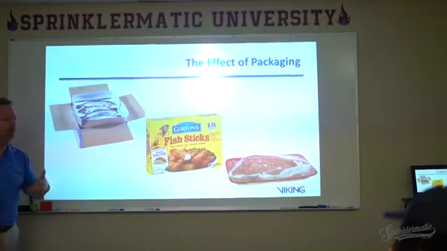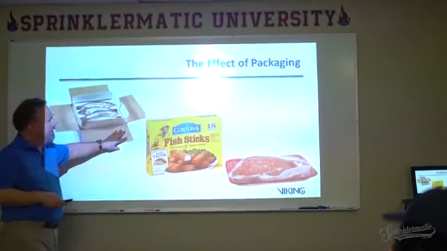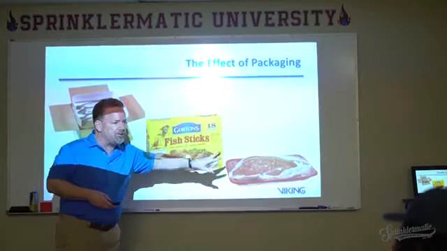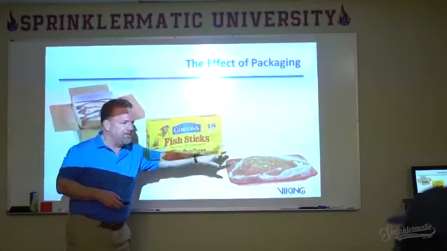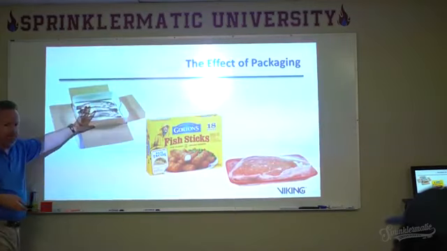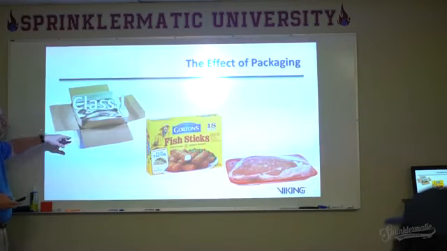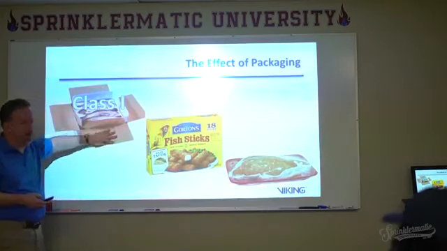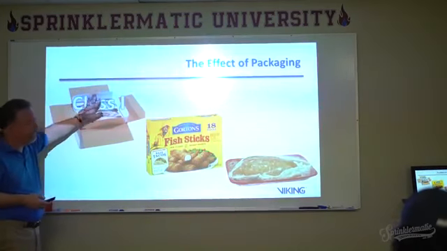So they kind of break it out both ways. And one of the items that's particularly interesting is food-based products and how they're stored. So this is all frozen food right here. All three of these are frozen food products. This one is simply stored in a cardboard box, cardboard container, cardboard wrapping around it. That's it.